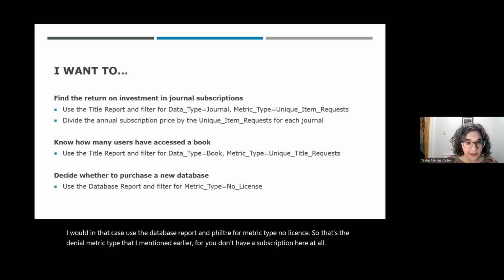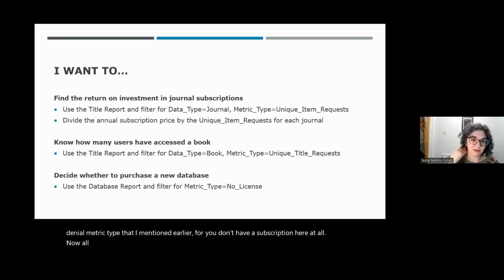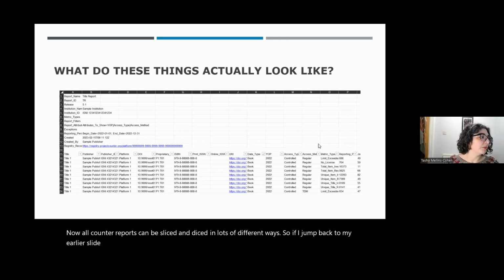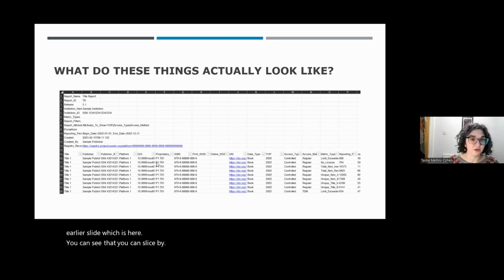Now, all Counter reports can be sliced and diced in lots of different ways. So if I jump back to my earlier slide, which is here, you can see that you can slice by title. So this is a title report sample. I don't know if you can see it clearly.